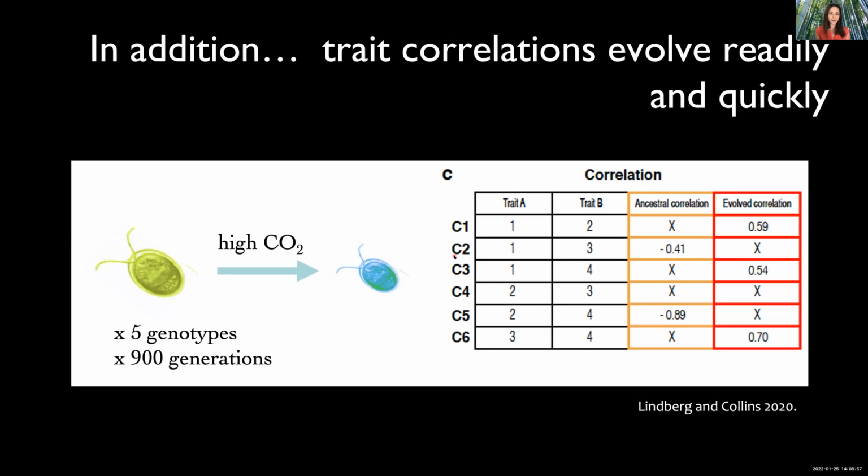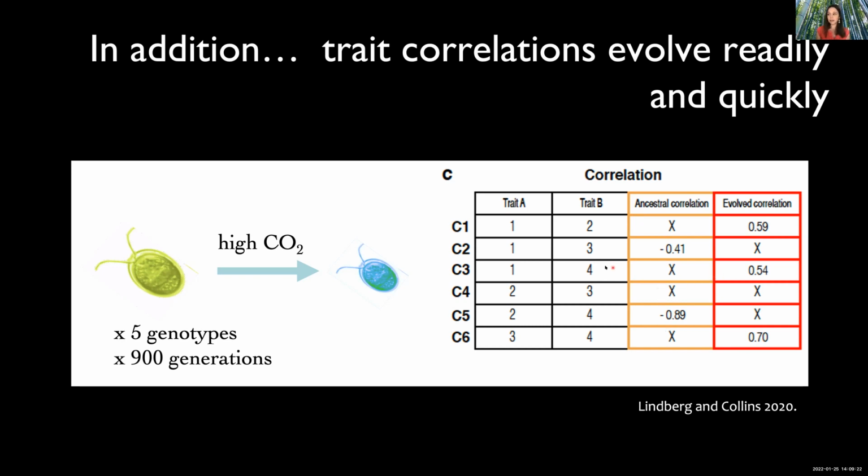To make the story even more complex, there's strong evidence that the correlations between traits can and do evolve relatively quickly. So this is data from Sinead Collins using Chlamydomonas exposed to high CO2. And this is a summary table. So we're looking at pairwise traits, trait A versus trait B, and then the correlation between those traits in the ancestral population in these yellow boxes, and then the evolved population in the red boxes.